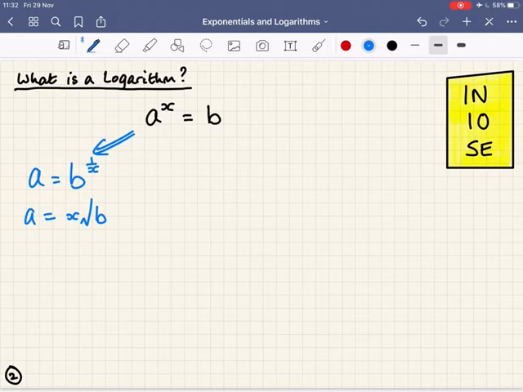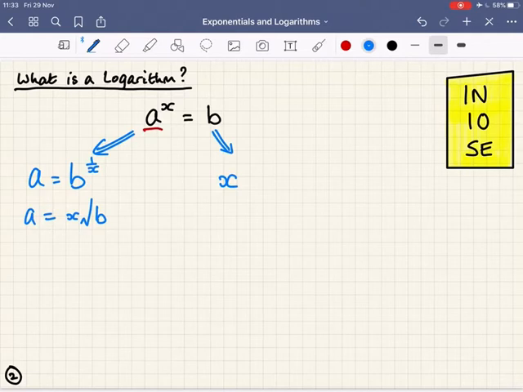So we can manipulate the expression a to the x equals b so that we can get an expression for a. But what if we wanted to get an expression for x? Now, this is where logs come in. In the initial expression, we had a to the x equals b, and we referred to a as the base and x as the exponent.